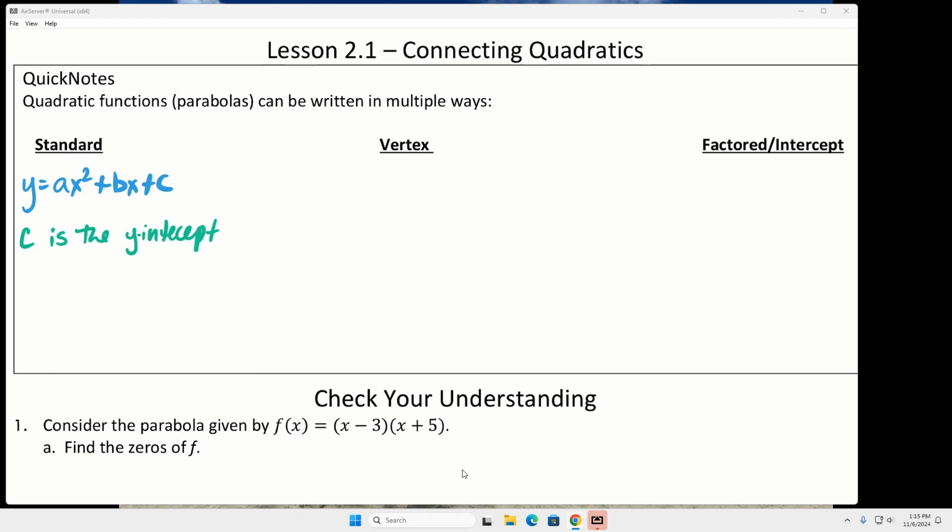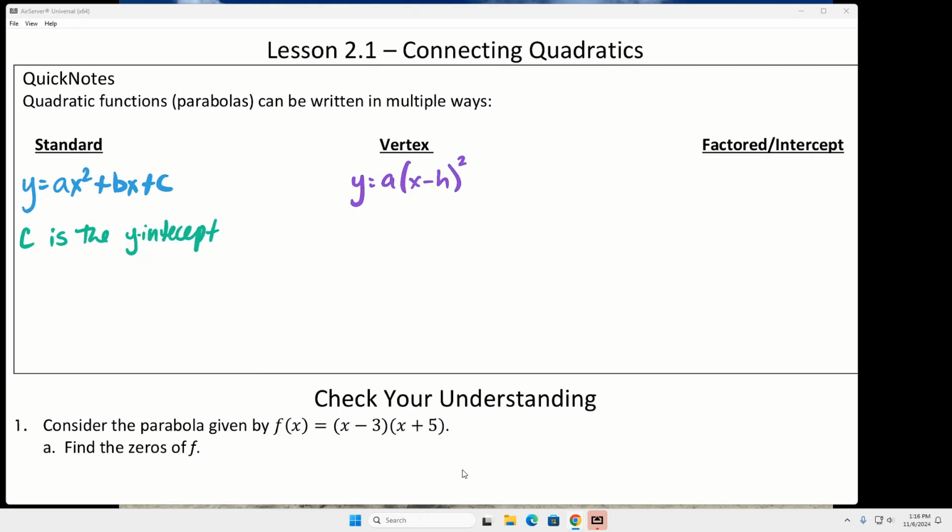All right, and A on all of these is going to be the same thing. And A tells you things like how wide the graph is, or if it opens upward or if it opens downward.